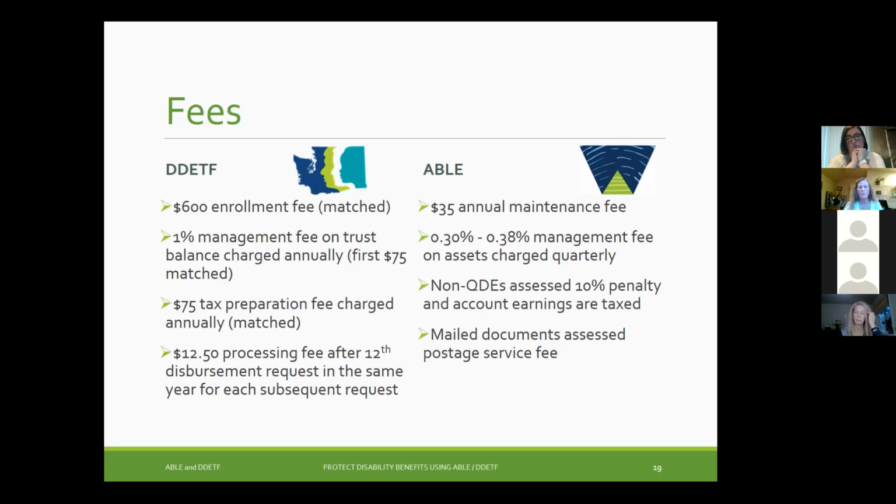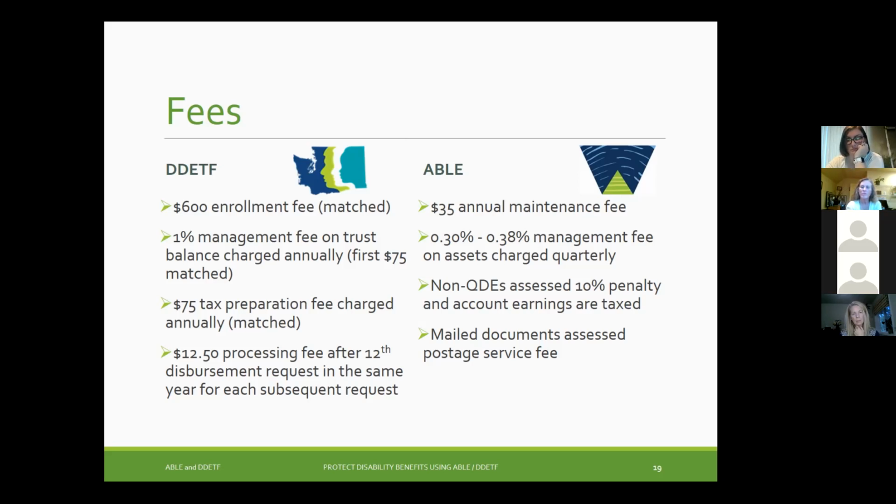With ABLE, it's a little bit different. There's a $35 annual maintenance fee, and that's taken on a quarterly basis by our program manager. So you're going to want to make sure that you have $9 in your account at any given time.